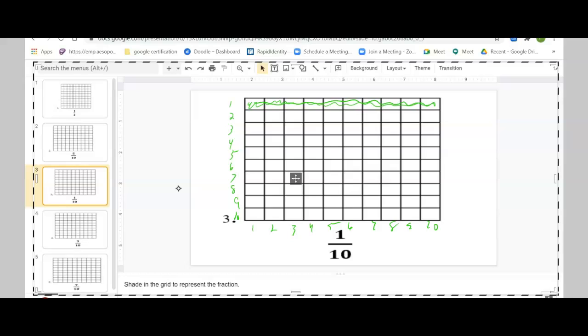Now, it wouldn't really make a difference had you come down here, had you shaded this part in. You could have done that, and you'd be correct. Or you could have done this, you'd be correct. That's still 1 out of 10. You still shaded in 1 out of 10, and you still be correct on that.